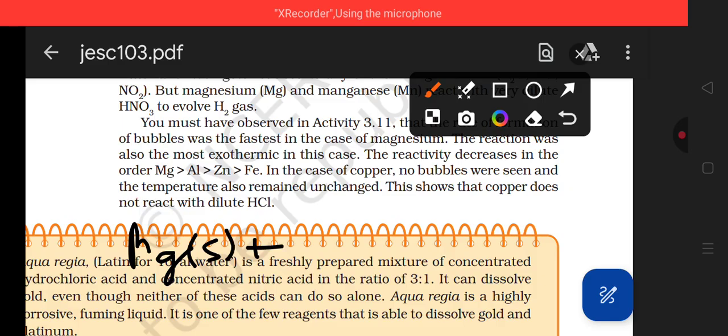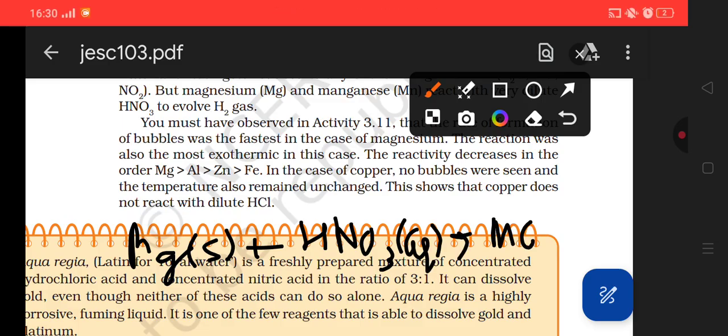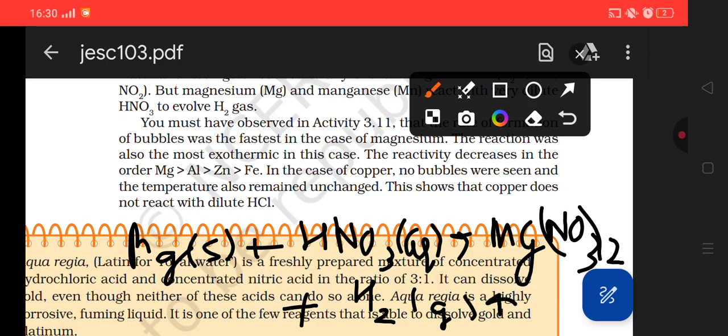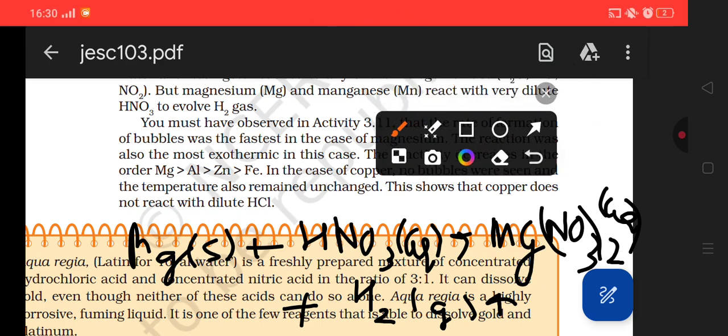It will react with nitric acid, that is HNO3 aqueous, to form Mg(NO3)2 aqueous plus H2, which is a gas evolved. So like this the reaction happens.